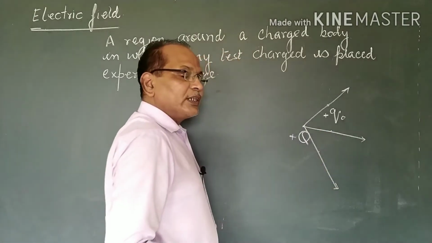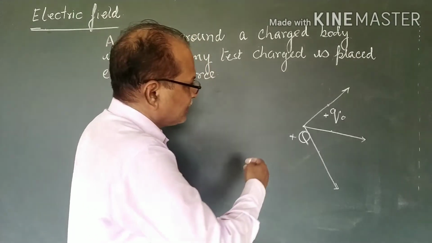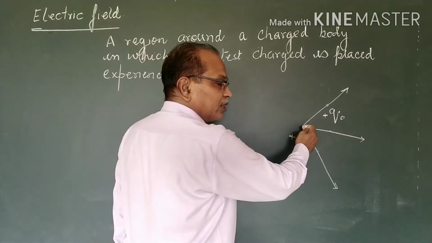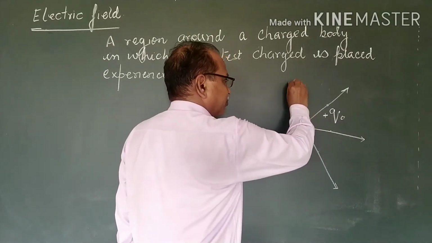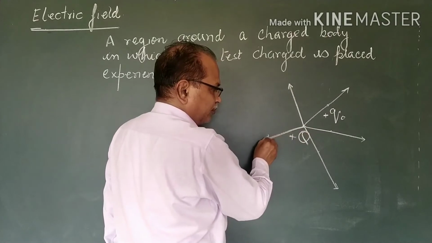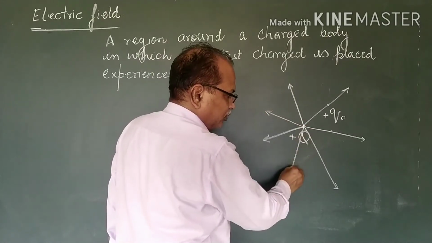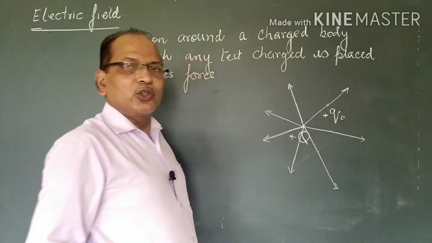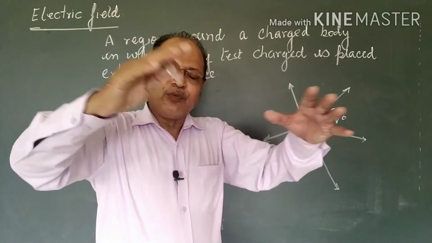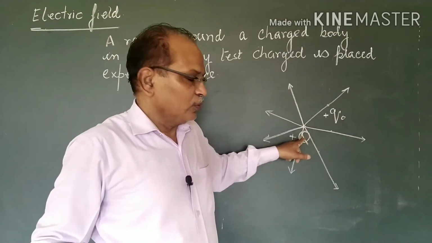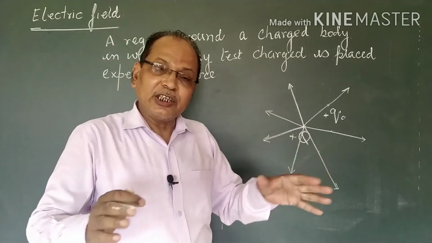So what is the direction of motion of a test charge? It always moves away from the charge plus Q, like this, like this, here also, here also. And remember, this complete system is in 3 dimensions.